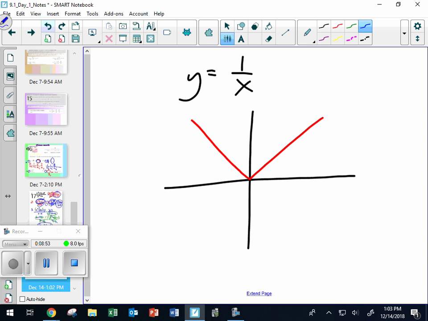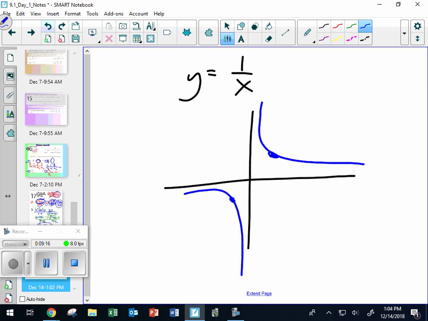The U-shape, the parabola, goes through 1, 1. Everything goes through 1, 1, including this one. So that's one of your key points, is you should have had a dot right there, and that would be at 1, 1. Okay? And then, of course, there's one like this, and then there's a key dot right there at -1, -1. Okay. So that's the parent function.